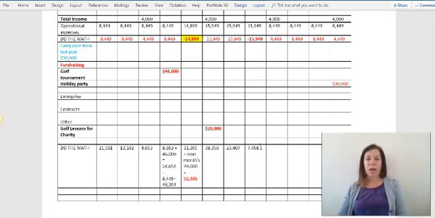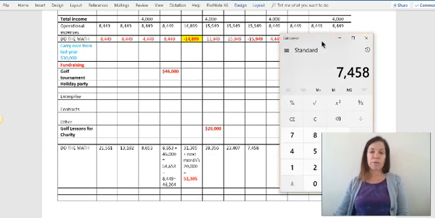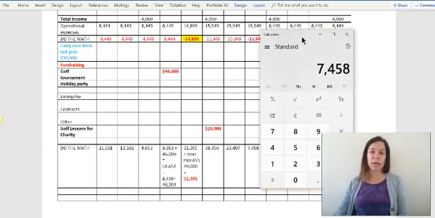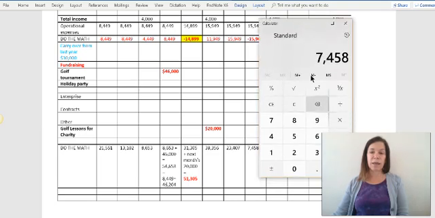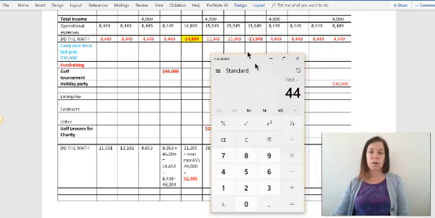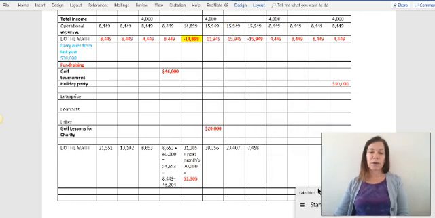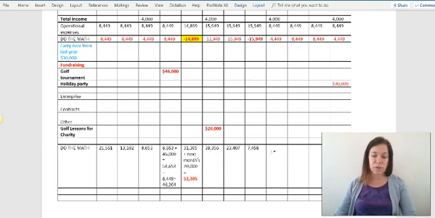Okay, now I'm still okay here because I got $4,000 more in on my grant the next month, and I only have $4,449 to subtract from that. So let's do that. I've got $3,009 left.